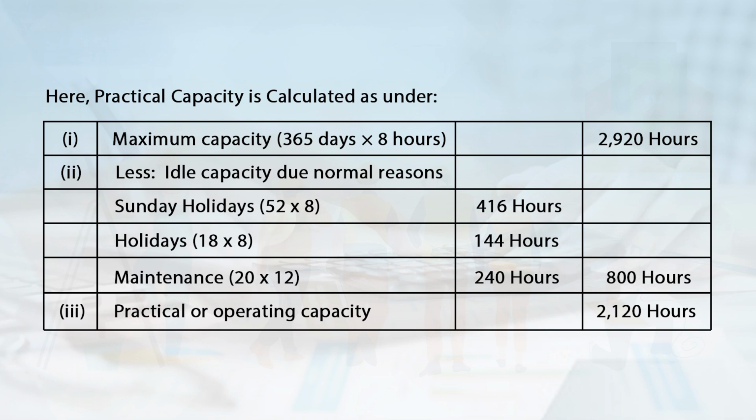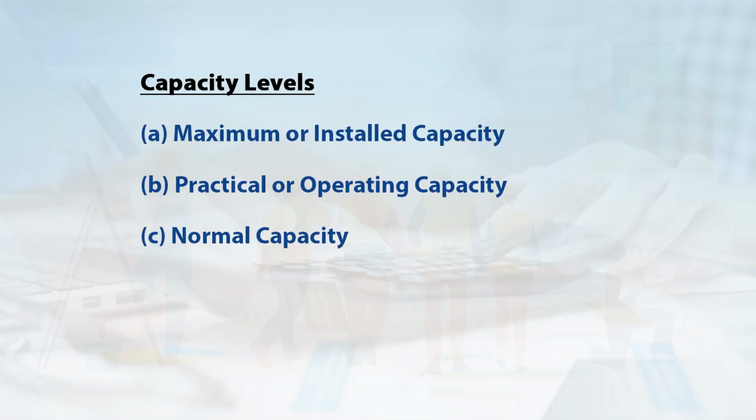Holidays, 18 multiply 8, 144 hours. Maintenance, 20 multiply 12, 240 hours, giving total 800 idle hours. If we deduct 800 idle hours from our maximum capacity, then practical or operating capacity comes to 2120 hours.